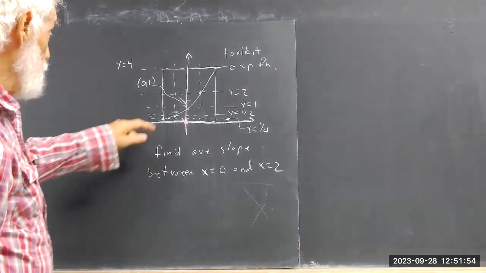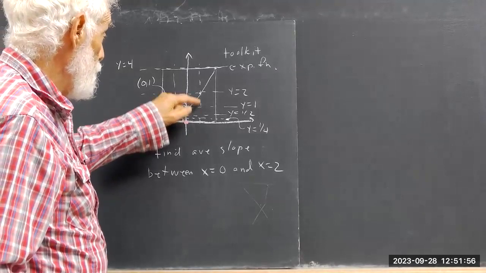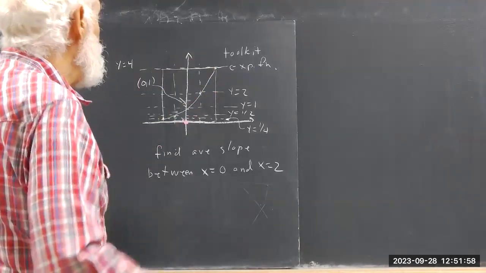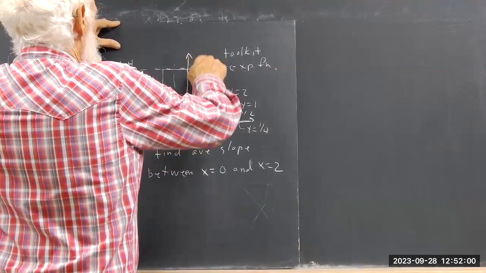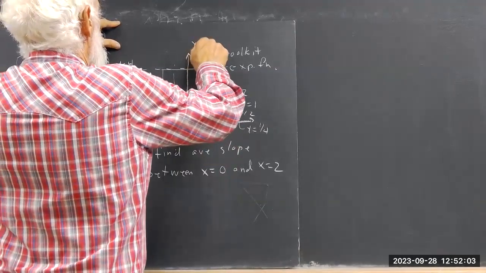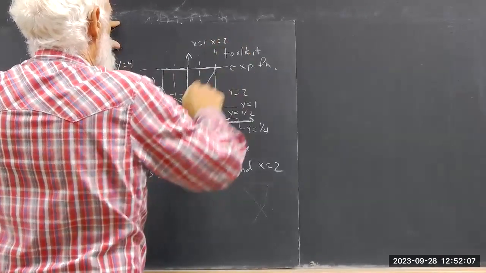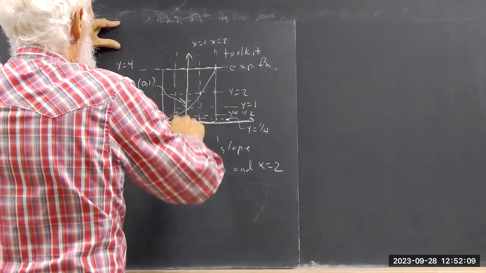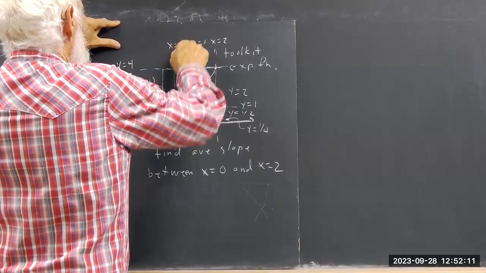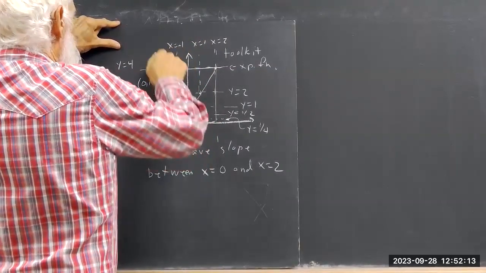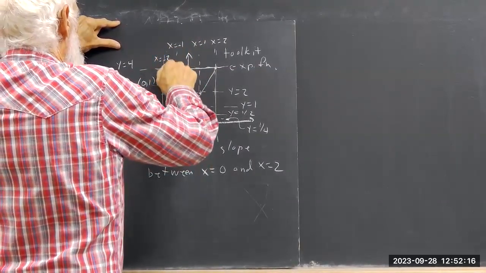And you construct a graph and move over one, up one, over one, up one, over one, up one. So the x coordinate here is 1. Here it's x equals 2. Here's x equals -1. Here it's x equals -2.